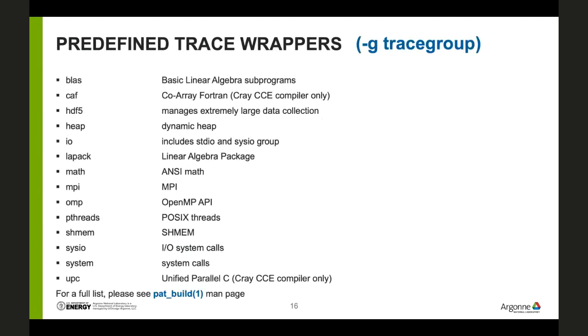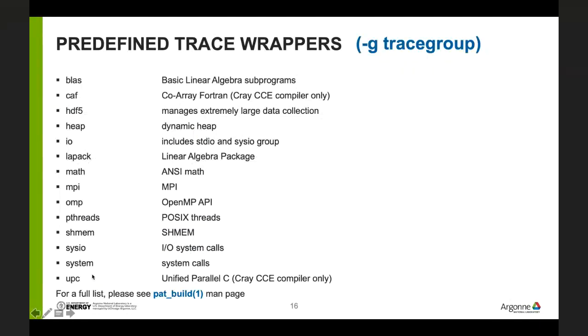And these are the predefined trace groups with -g tracegroup. In many applications, MPI is very important, and if you want to see what's going on in MPI, you may just use -g mpi and then see more data. There are also Cray Fortran, HDF5, heap and IO, LAPACK, MPI, which is my favorite as well, OpenMP, pthreads, SHMEM, system IO, system, and UPC.